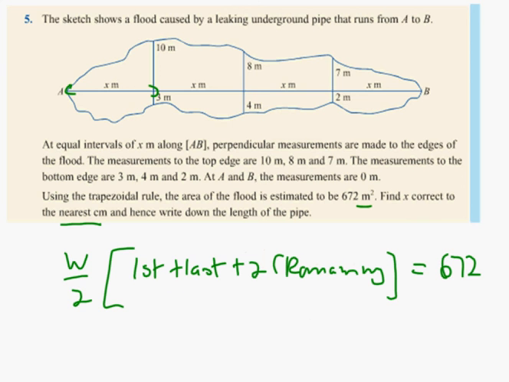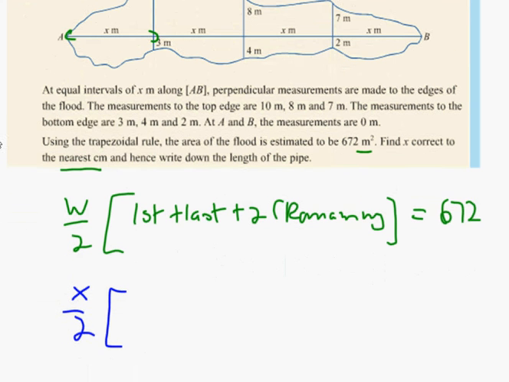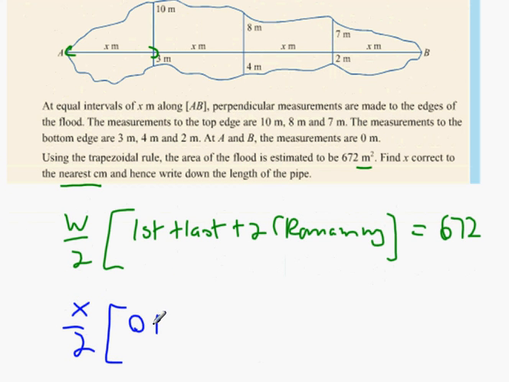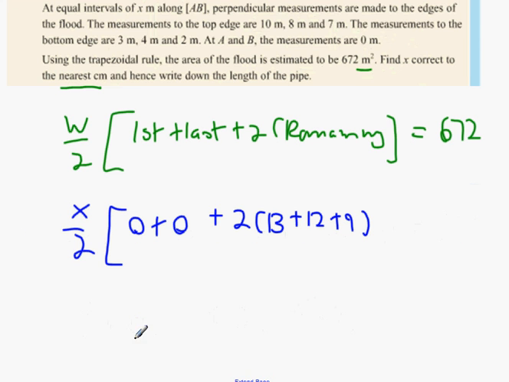So we're going to get here, guys, the width is X over 2. What's your first? 0. Your last? 0, because there's no vertical height. Then your 2 times your remaining: 2 times 13 plus 12 plus 9. What is that? It's going to be 21 plus 13, 34, multiplied by 2, 68.